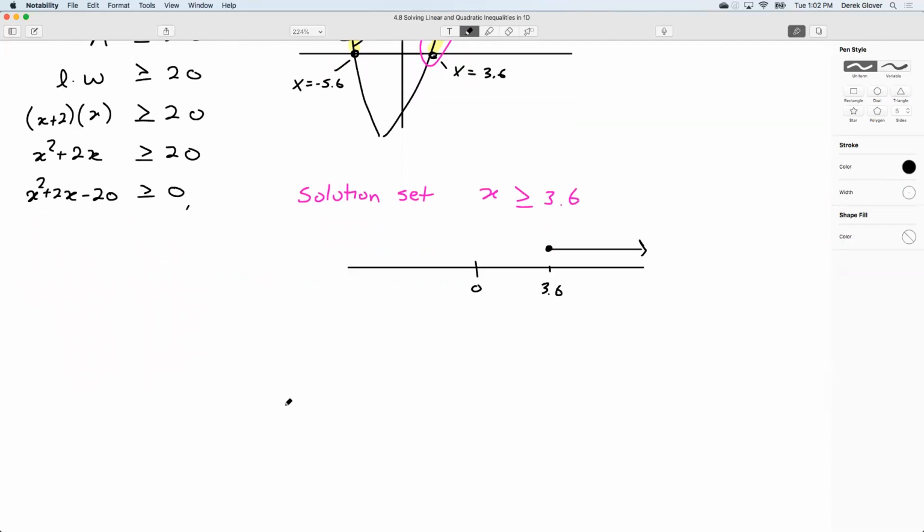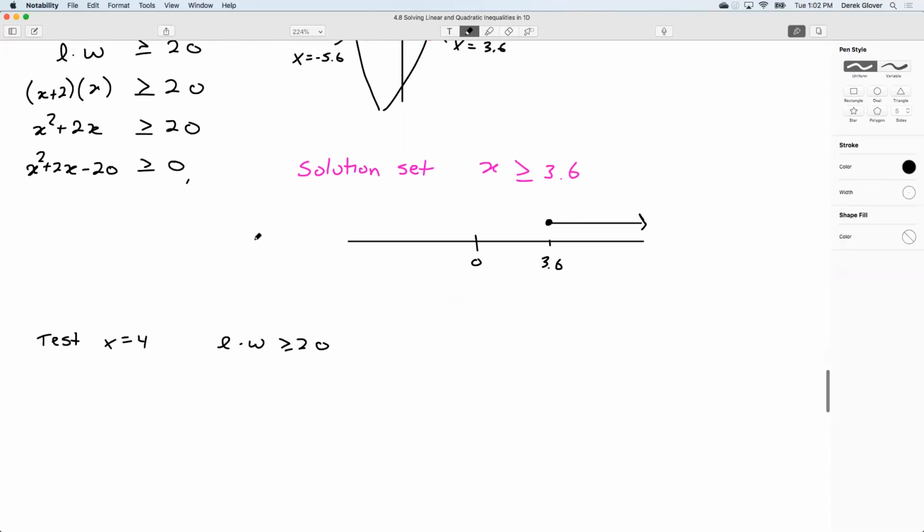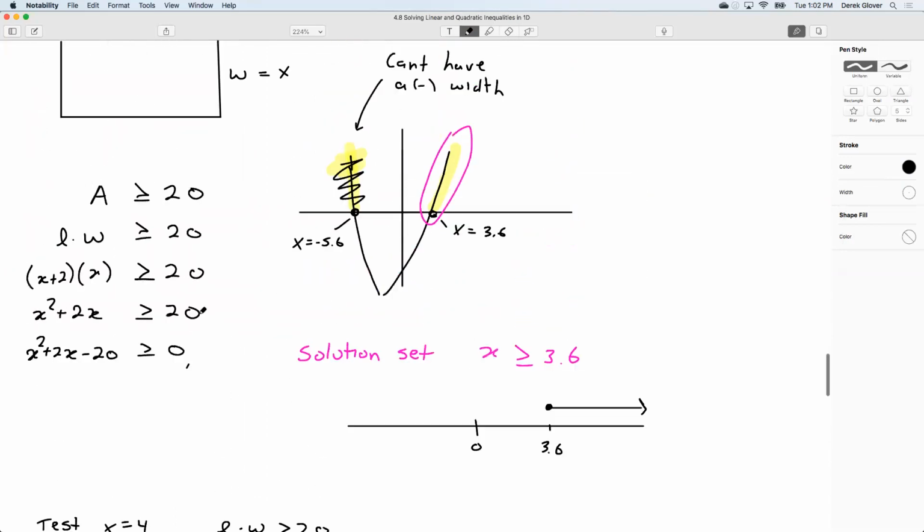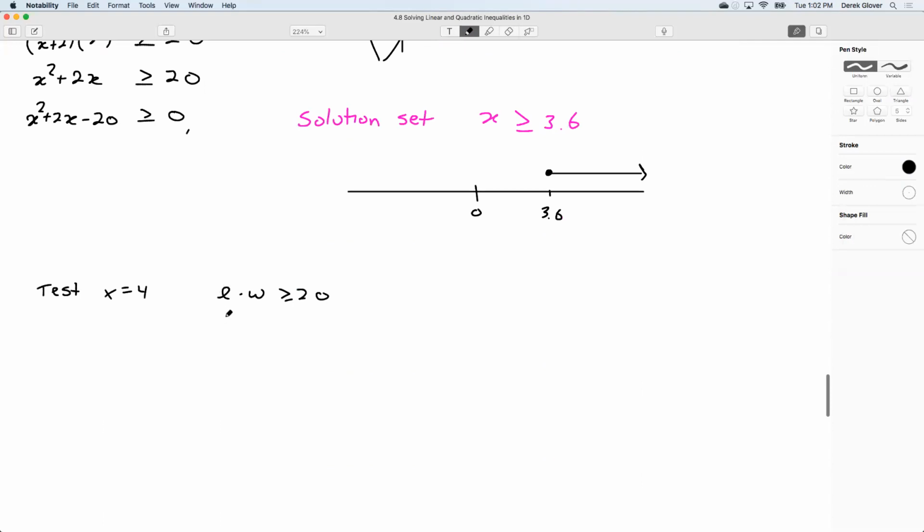And last but not least, we could always check to make sure that it works. We could always pick a point. So let's just test x equals 4. We want the length times the width to be greater than 20. The length is x plus 2, so 4 plus 2 is 6.